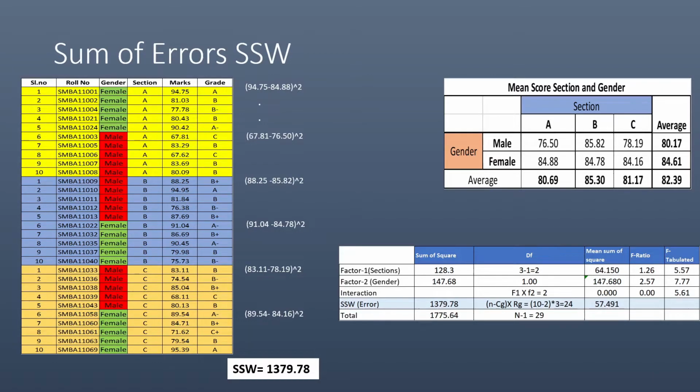So in that case you get 24. Or else you follow this method, 10 minus 2, into 3, so that is also going to give you 24. So 24 is the degree of freedom for sum of squares within.